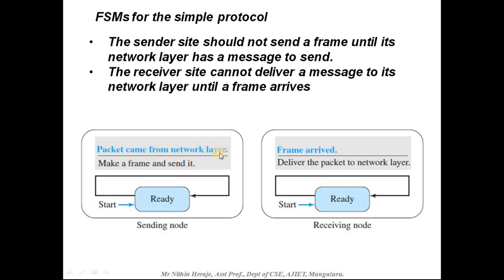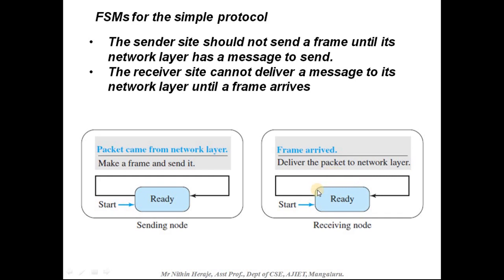If the packet comes from the network layer, the action to be taken is to make a frame and send it. So as soon as a packet arrives from the network layer, the data link layer must convert that packet to a frame by adding some information and then send it to the destination. When this event and action are performed, it will remain in the same state, and again it will be ready to accept the next packet from the network layer.